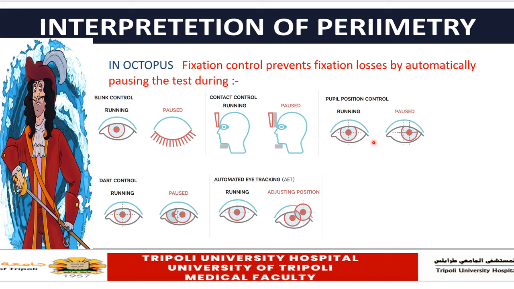It also determines the distance between the light reflex of the cornea and the edge of the pupil. And if this distance is lost or moved, the system will be stopped, and so on. So it has an intelligent tracking system that avoids fixation loss, and the system will be paused. That's why you will not find fixation loss in the Octopus perimetry map, because the system will stop by itself, and it will continue once the patient is in a proper position.